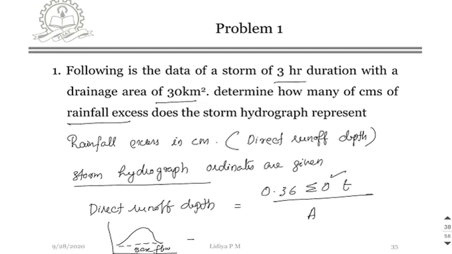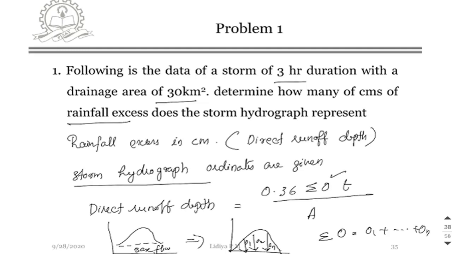So we'll get the direct runoff hydrograph. These are the different ordinates, O1, O2, etc., ON. Then you have to find the sum of these ordinates, O1 plus etc. ON, so you'll get the value of sigma O.